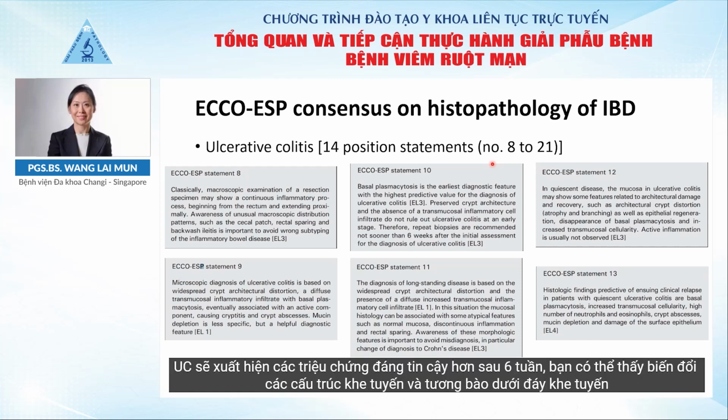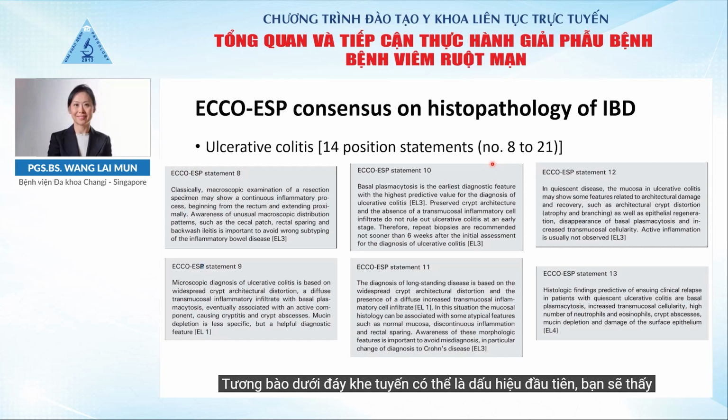It's more reliable after 6 weeks. Then you can see all the crypt architectural change and basal plasmacytosis. It is known that basal plasmacytosis is probably the first clue you will see on the glass slide that it may be IBD. And then the crypt architectural changes only happen usually after 4 weeks.